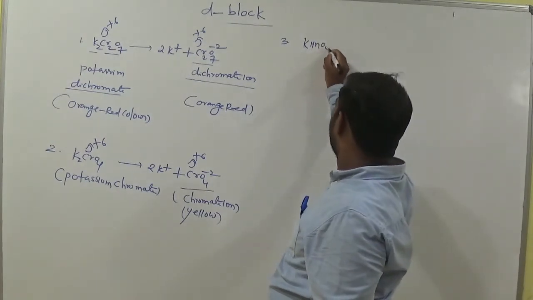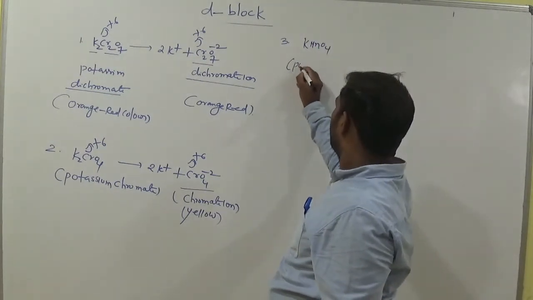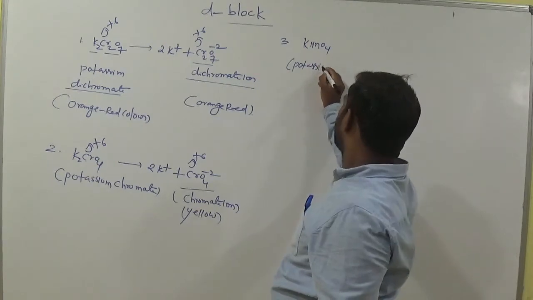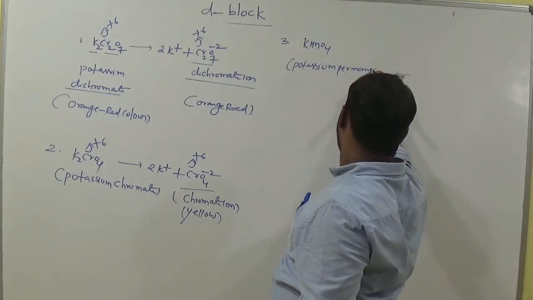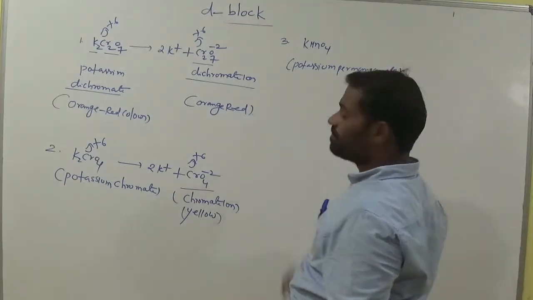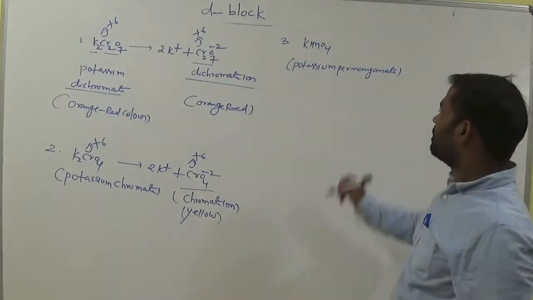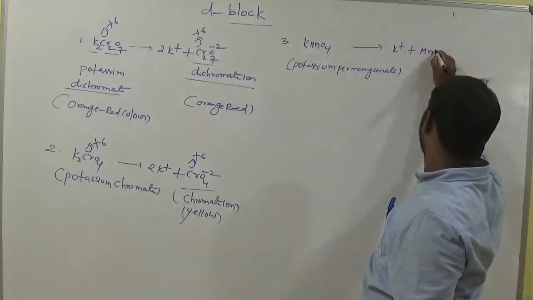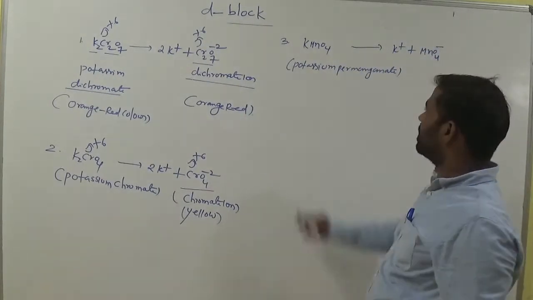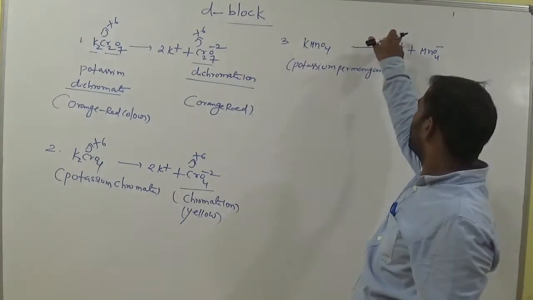KMnO4, potassium permanganate. It gives K plus and MnO4 minus. Why? Because there is only one potassium, so K plus 1.